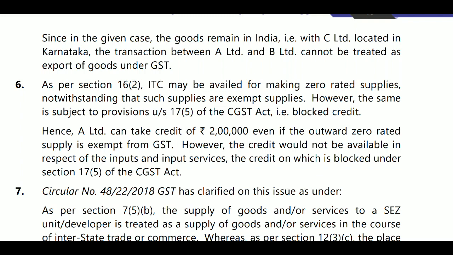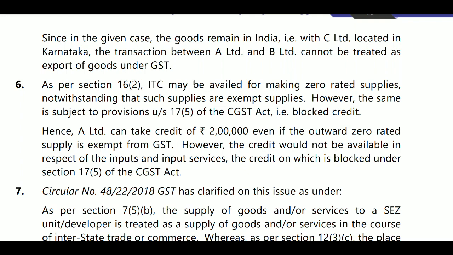Zero rated supply means it is a taxable supply and the rate will be nil. However, the credit would not be available in respect of inputs and input services on which credit is blocked under section 17(5) of the CGST Act.